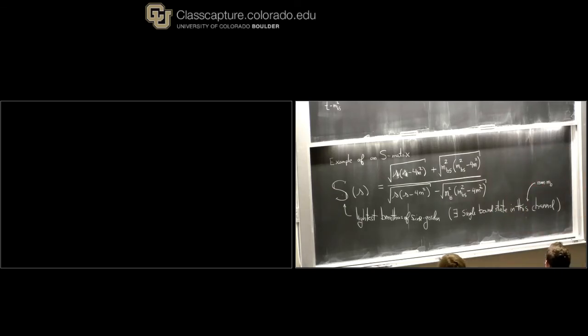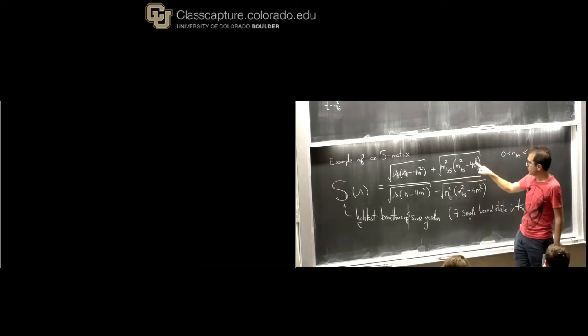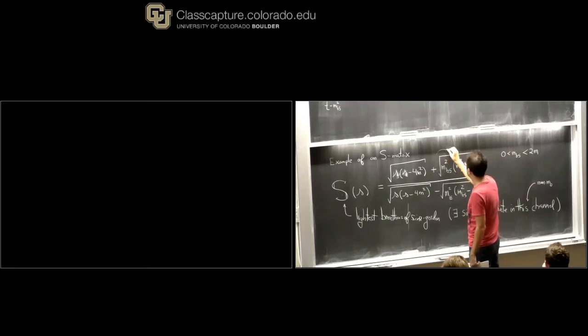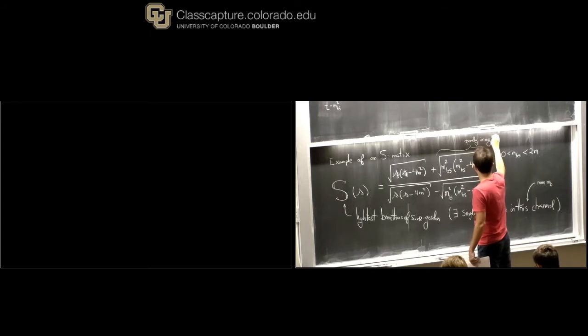You see that if you have a bound state, the mass of the bound state is between 0 and 2m. It's a pole, it's a bound state. It's between 0 and 4, as we see in the picture. And therefore, this term is positive, this one is smaller than this, so this square root is purely imaginary.